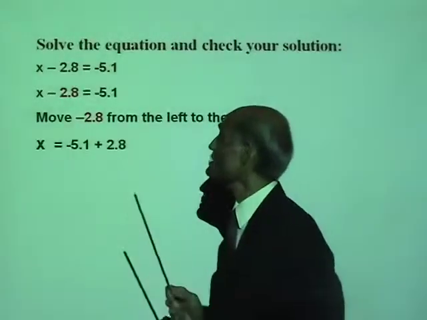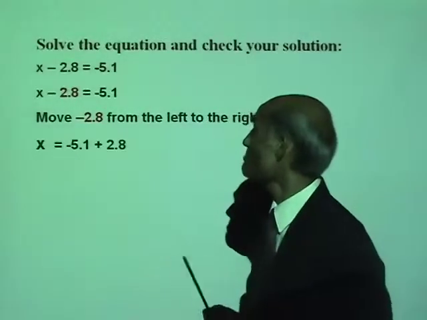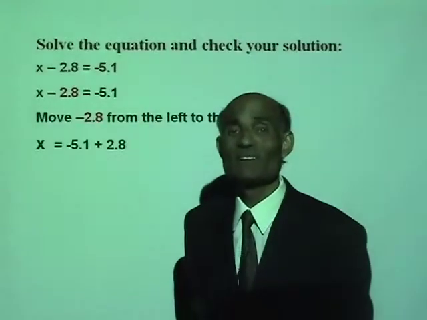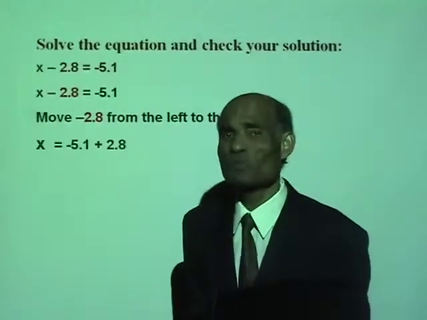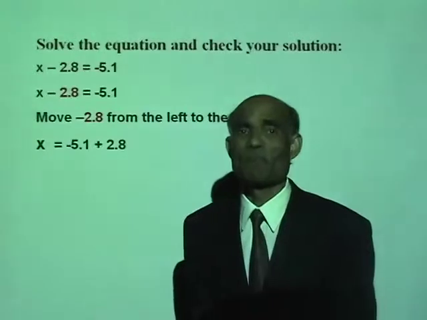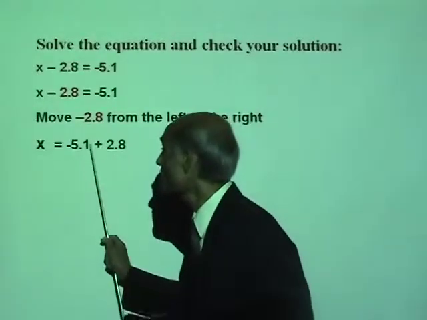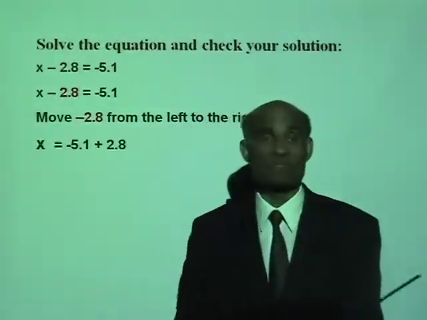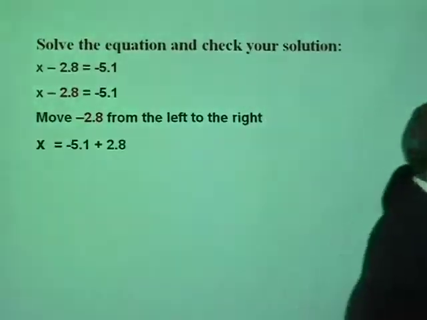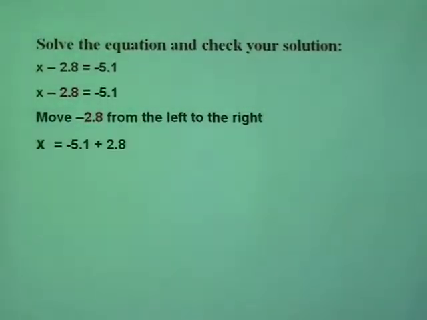Alright, what is negative 5.1 plus 2.8? Now, how many of you have problems doing that? Well, what you need to do is find the difference between the two numbers. 5.1 minus 2.8.